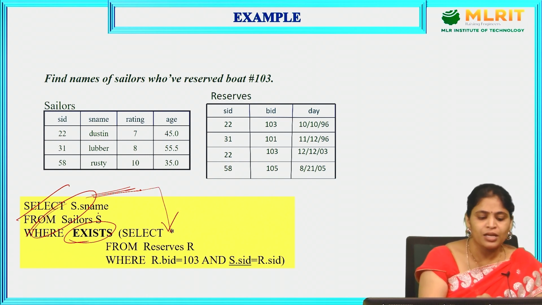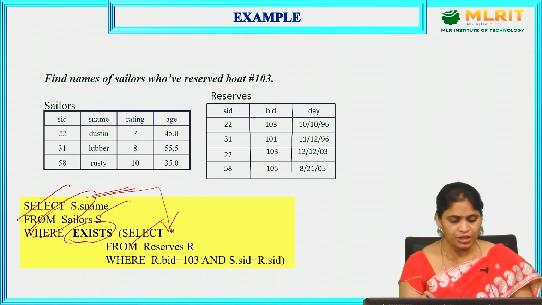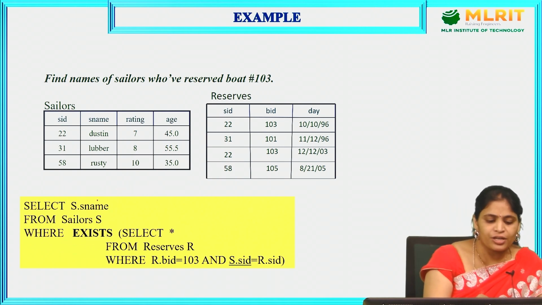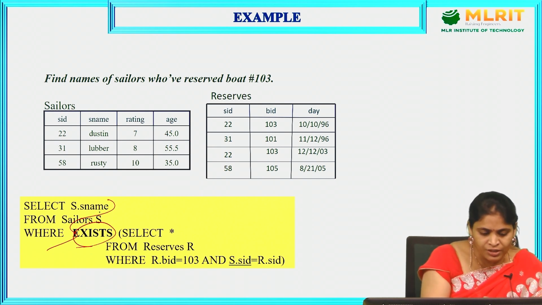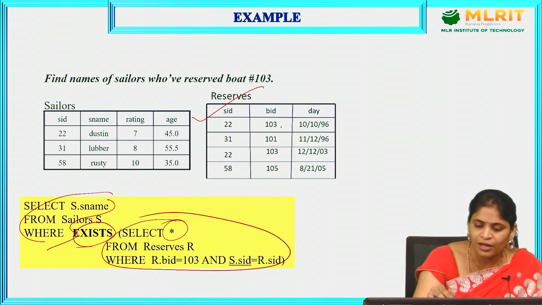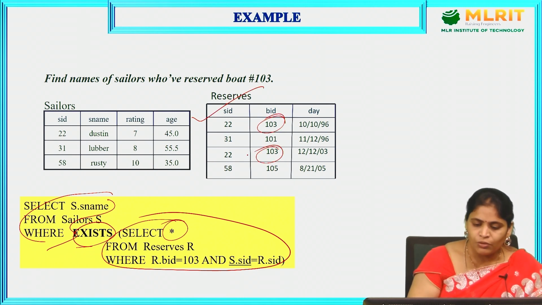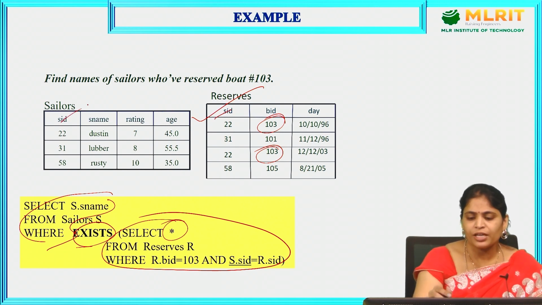That means the outer query and inner query are correlated with each other. That is the difference. So select S.S name from sailors S where this output must exist in this inner query: select the whole information from reserves R where R.BID is equal to 103 and the SIDs must be equal. Then only can we retrieve these.